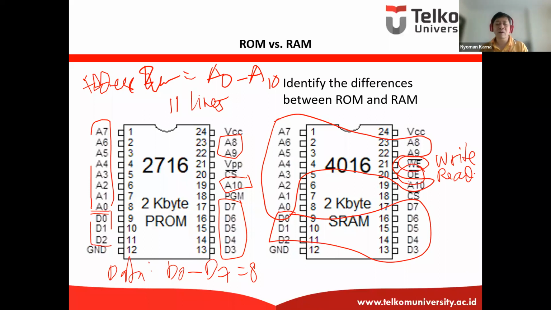But in ROM, we don't have write and read because just like its name, ROM, read-only memory, we can only read from the memory. Because we cannot distinguish between read and write, then we don't have to provide either write or read. So there is no write or read control line into the ROM. Okay, that's the difference between ROM and RAM.